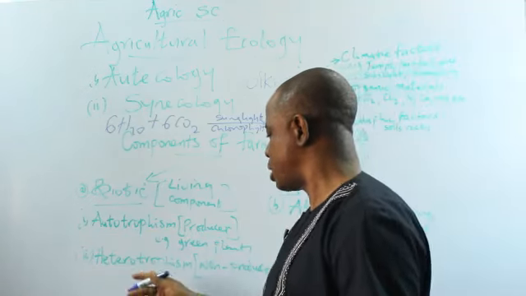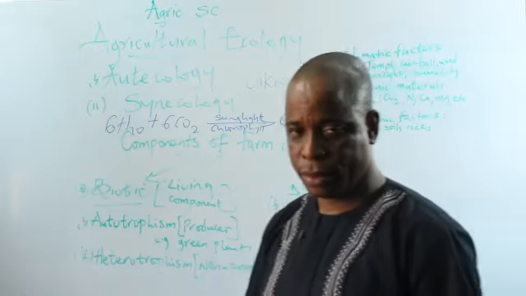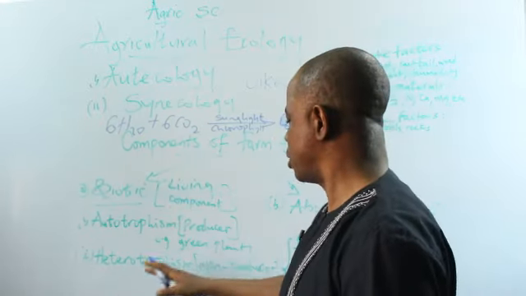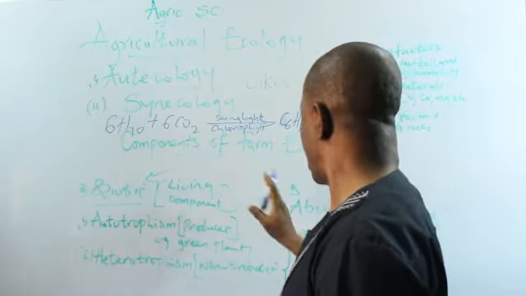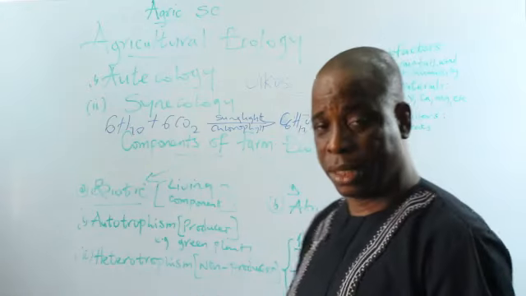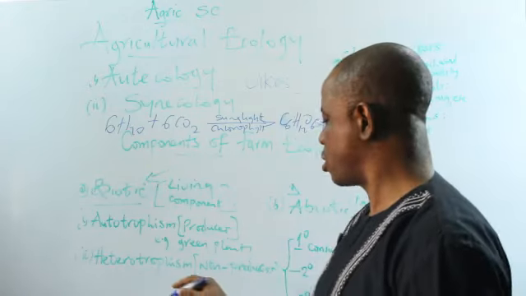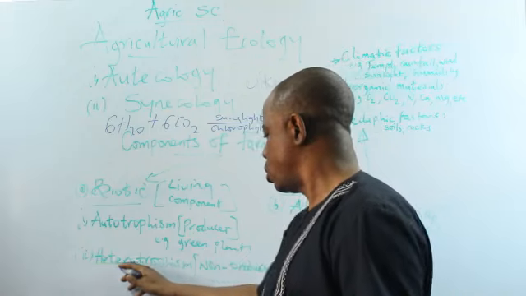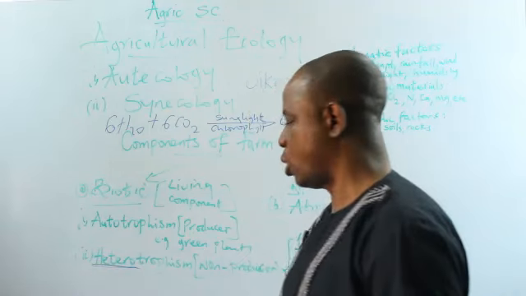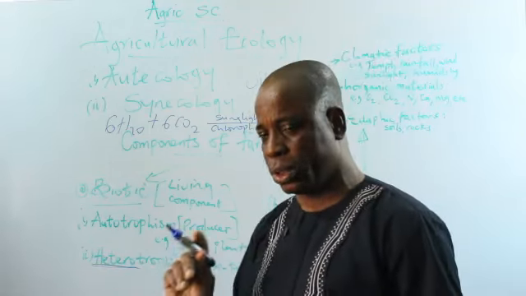Now, you also have the second group, the heterotrophs. Without the heterotrophs, the ecology of the farm will not be complete. We call them hetero because they are not just one way. They are broken into three.